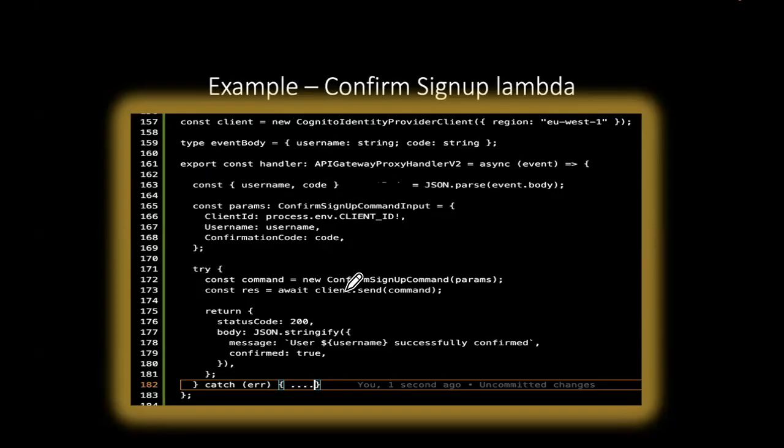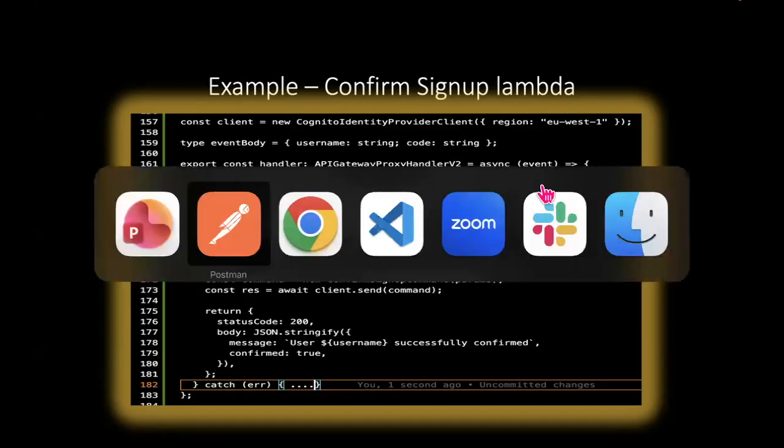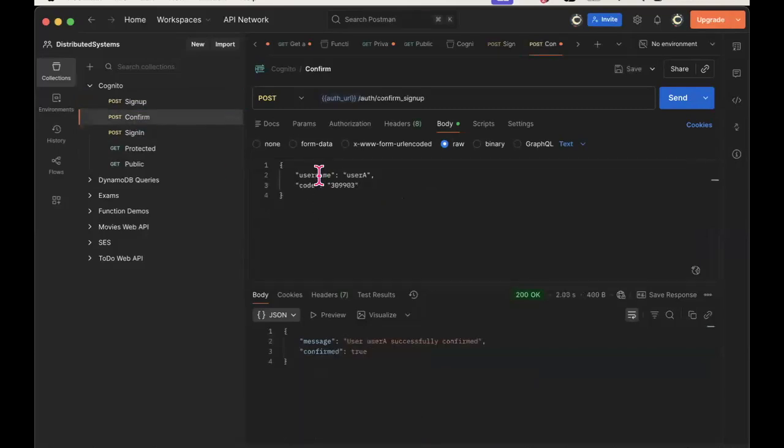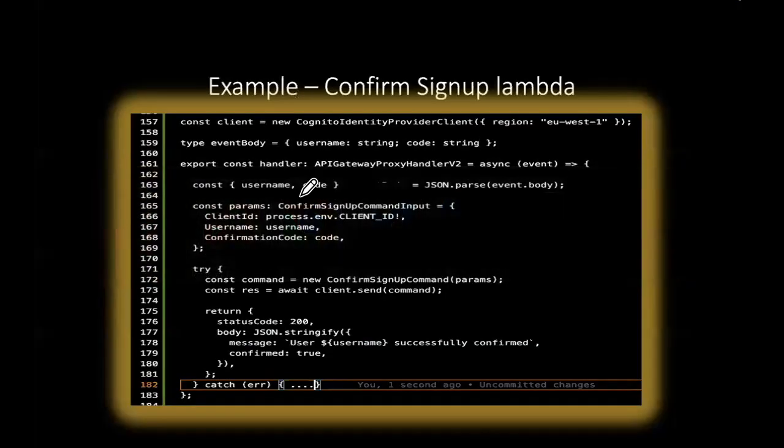And we send the command to the client and all of that stuff, right? In this case, the payload has just the username and the verification code that was returned. I'm extracting that from the body of the request that was sent. And we saw that, didn't we? I go back here. We saw that in the confirmation. Here was the body. So I'm just extracting these from the body of the request.